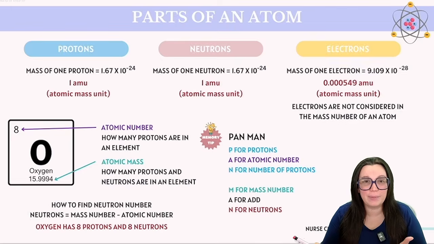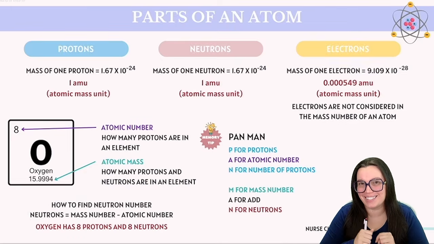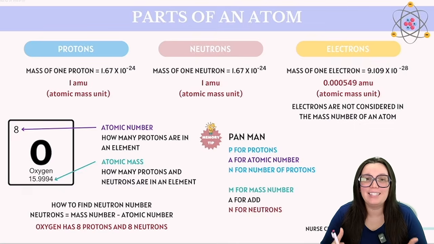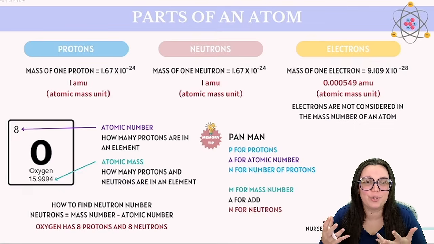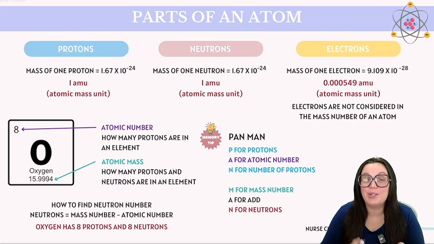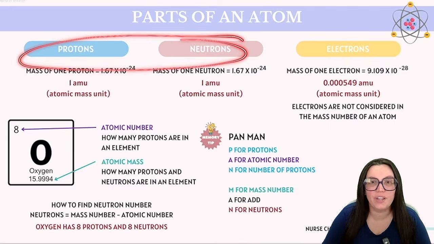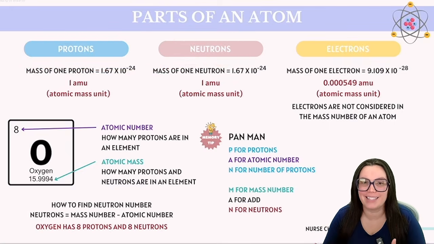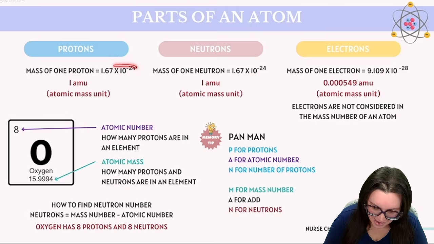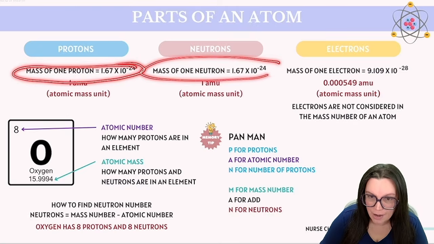Another critical aspect of atoms besides electrical charge is their mass. Understanding an atom's mass involves examining the mass contributions of the protons, neutrons, and electrons, with most of that mass being concentrated inside the nucleus. Protons and neutrons are very similar in size and mass, each weighing approximately this tiny amount in grams.